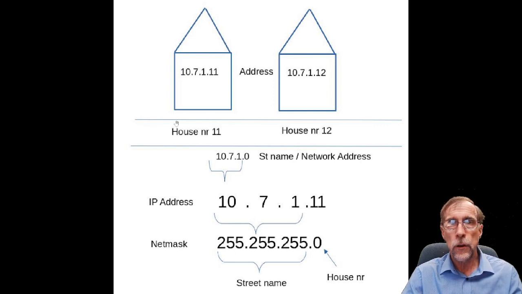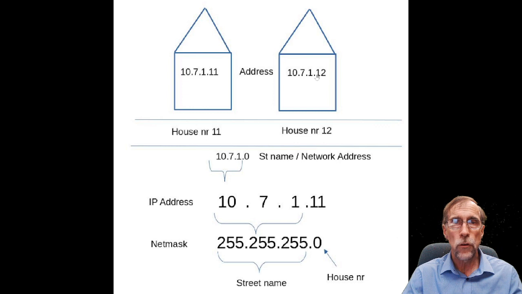Let's just consider a little bit of a diagram, which I always used to like to explain addresses and the concepts related to that. So we've got a street, and we've got house number 11, and we've got house number 12. All right. The fully qualified IP address for this house or server is 10.7.1.11, and this one is 10.7.1.12.